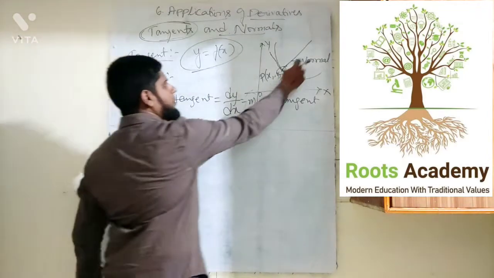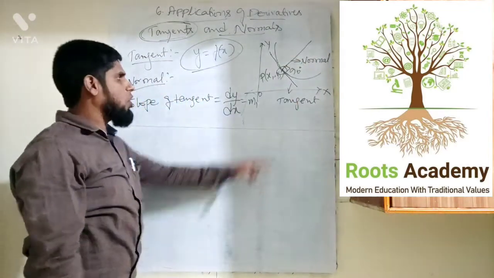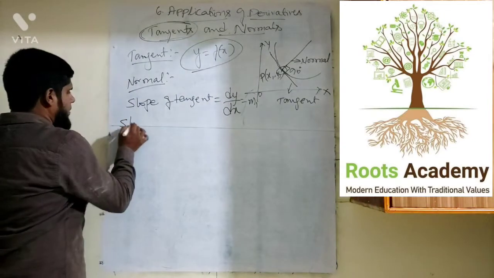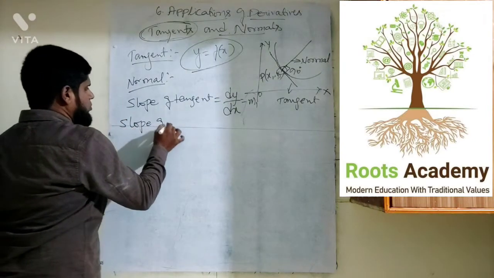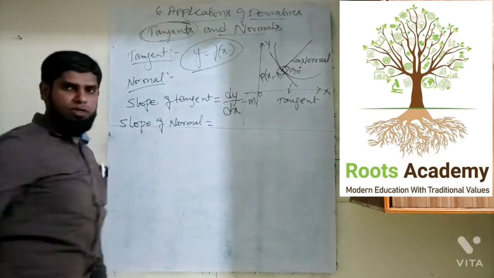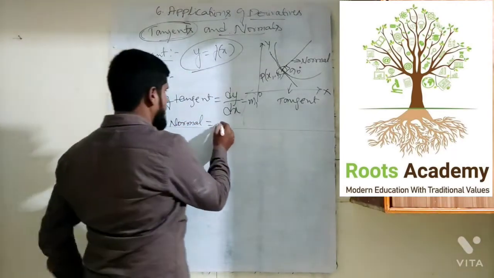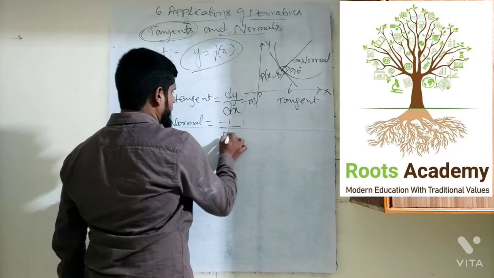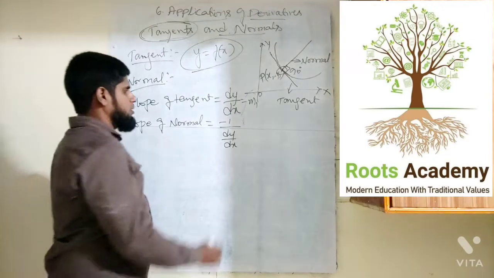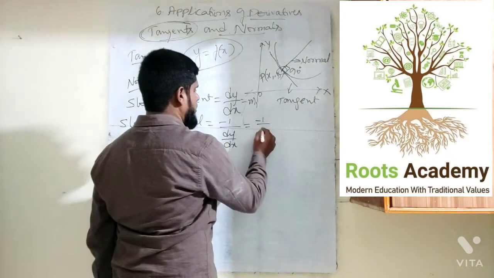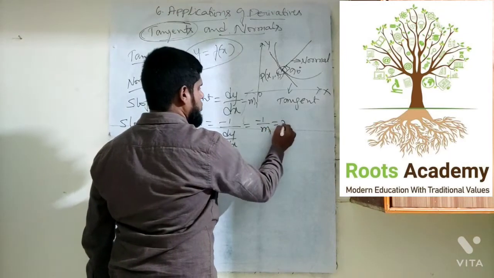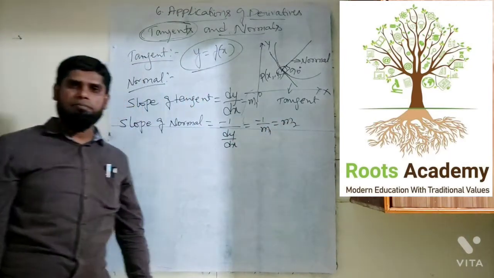Since the normal is perpendicular to the tangent, the slope of the normal is equal to minus 1 divided by dy by dx, that is minus 1 by m1, and this is also represented as m2.